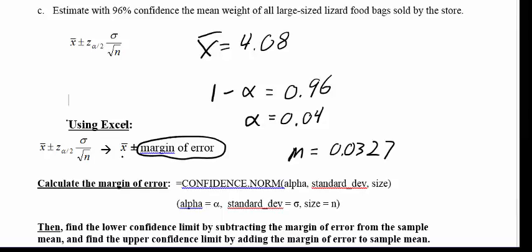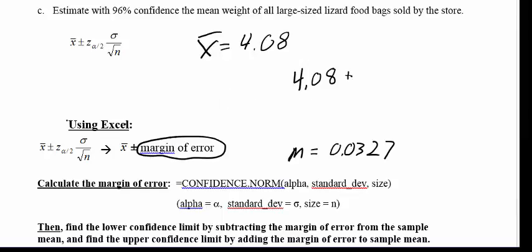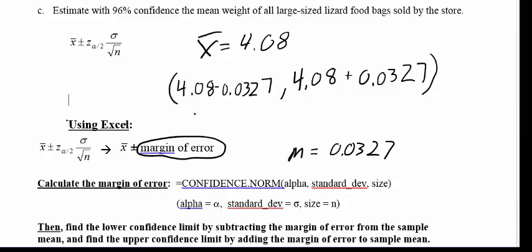Now to compute the interval, x bar plus the margin of error is my upper bound. X bar minus the margin of error is my lower bound. I'll do the math quick.